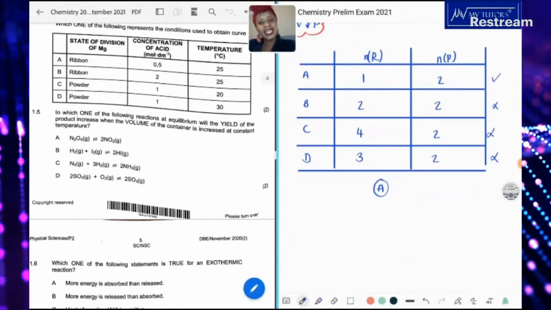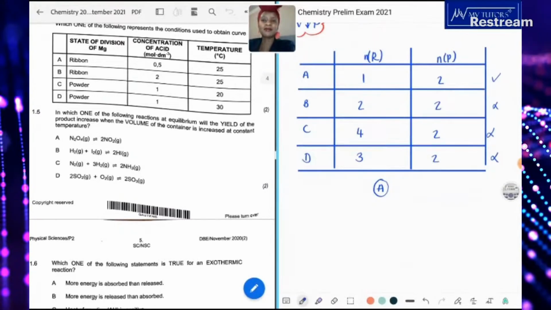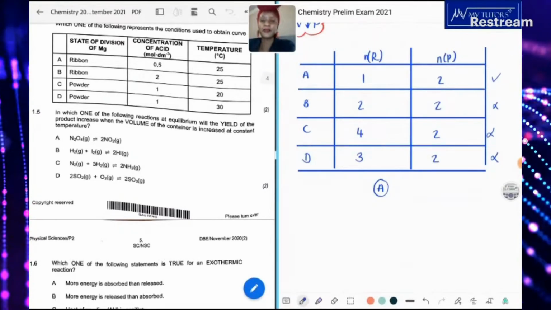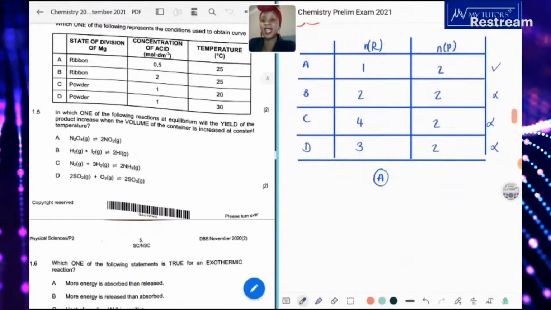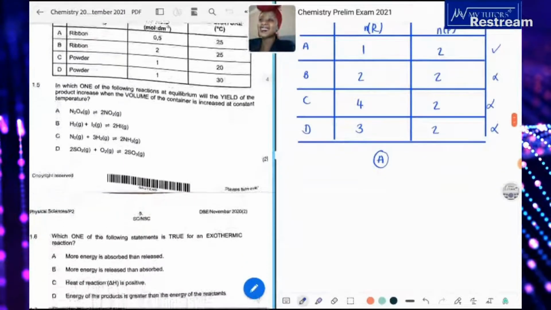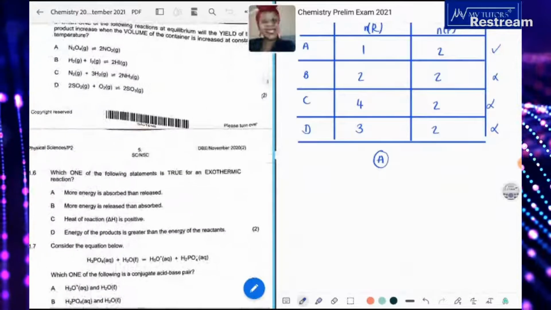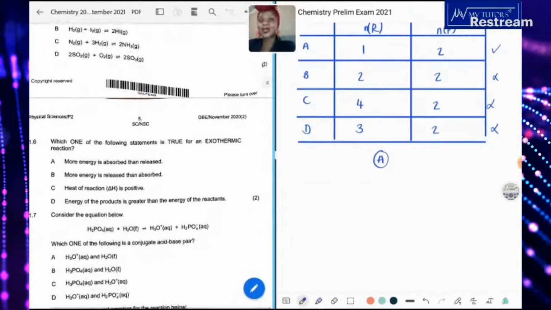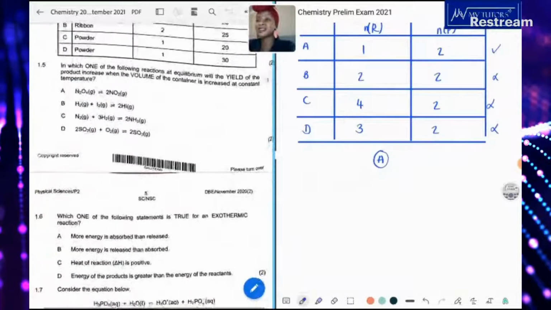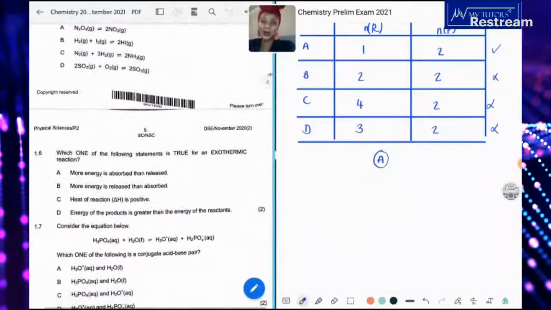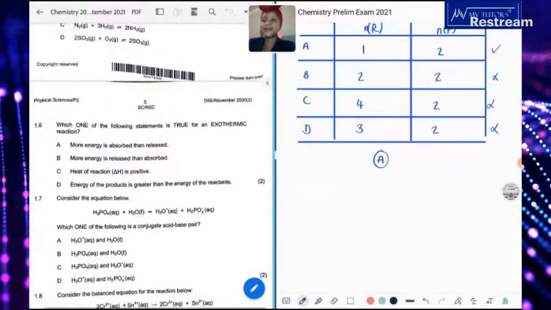Using Le Chatelier, which side will be favored? But here we're just covering the pressure side of things, because we have gases. If we didn't have gases, we'd probably have to look at concentration. And if they had told us about temperature, then we would have had to look at temperature conditions.